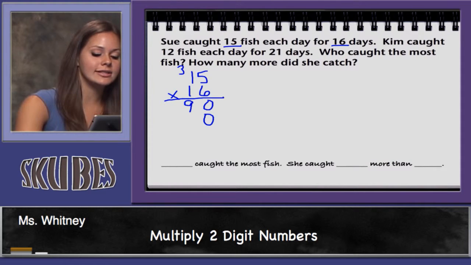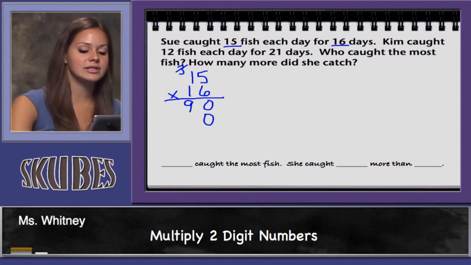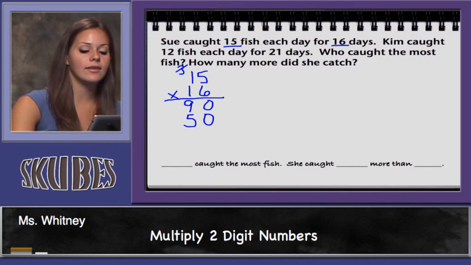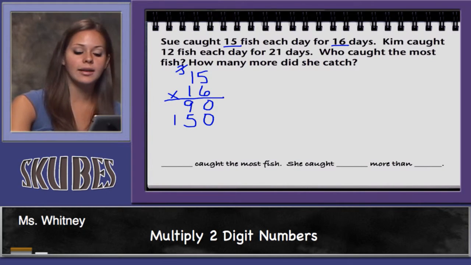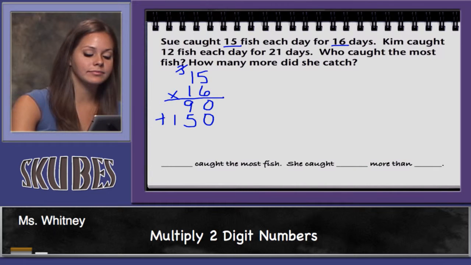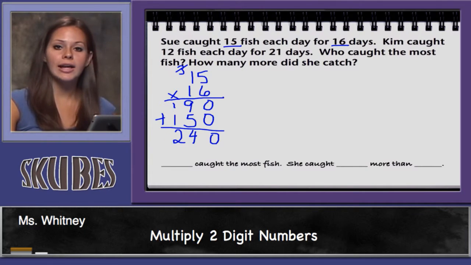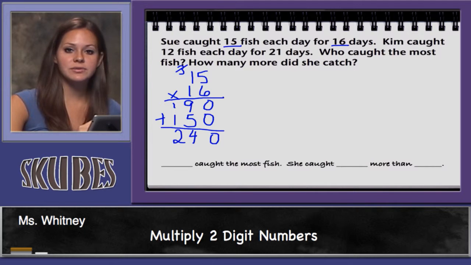Write my 0, cross out my 3 because I've already used it. 1 times 5 is 5, and 1 times 1 is 1. Now I'll add. So Sue caught 240 fish.